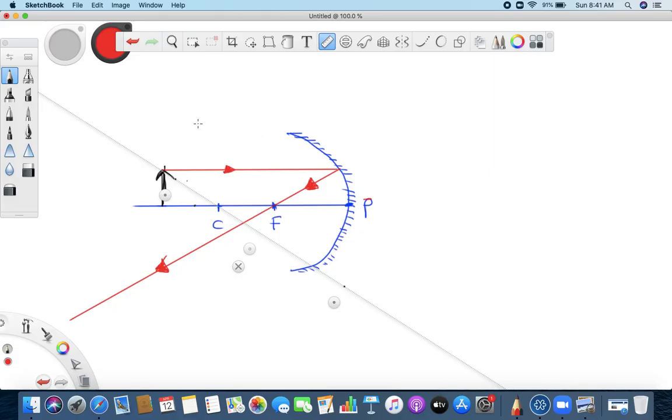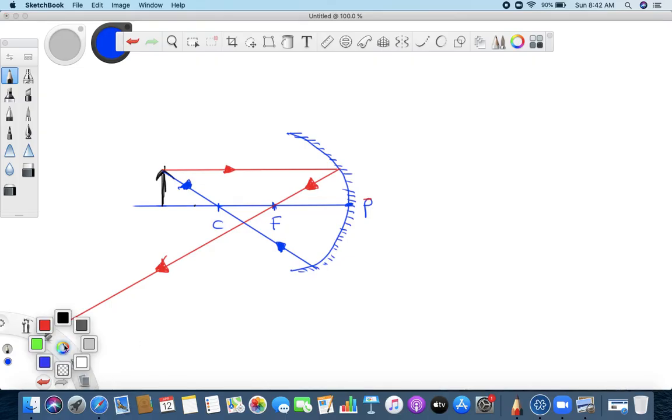Now I am drawing another ray from C. You know if an incident ray passes from C, what does the rule tell you? The reflected ray will also pass from C only. Remember the rule? So where are they meeting? They are meeting here. Can you see? Here.